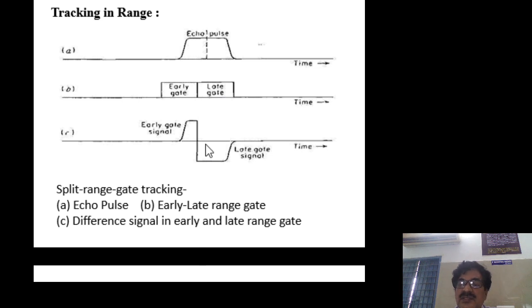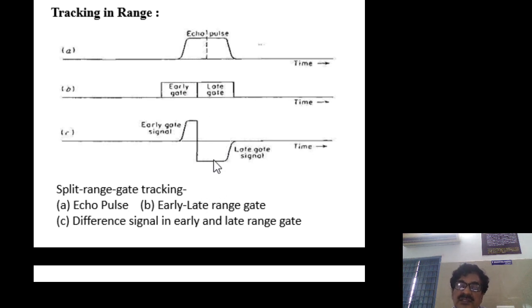If the centers are aligned, you can observe equal pulse widths and magnitudes of pulses in the third graph. But in this diagram, the centers are not aligned. That means the target is not in the tracking axis. Therefore the amount of energy produced by the early gate is very small compared to the energy produced by the late gate.